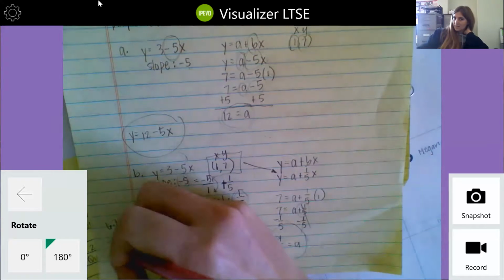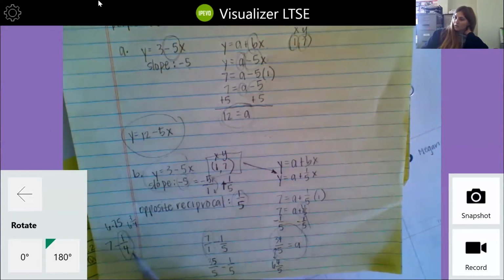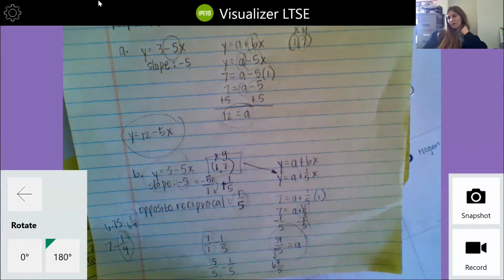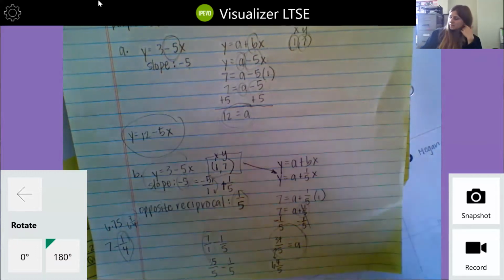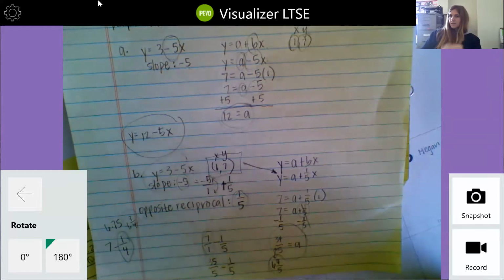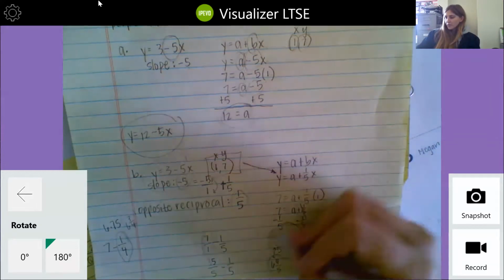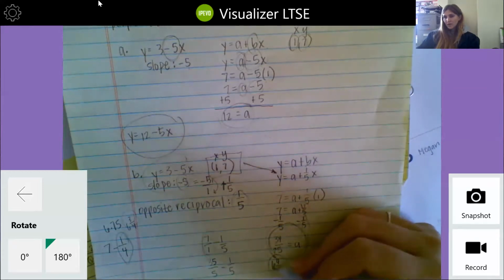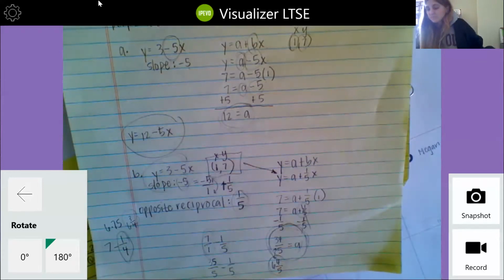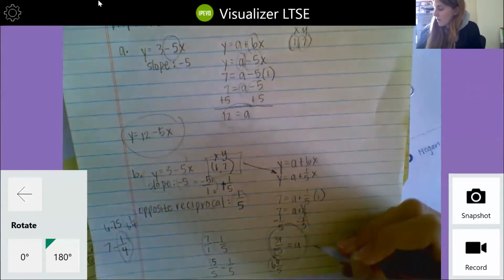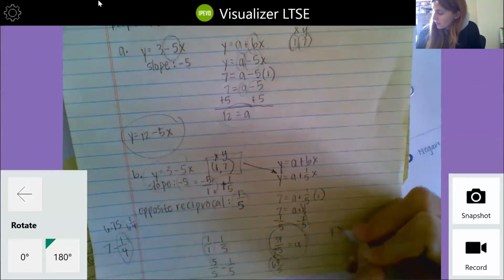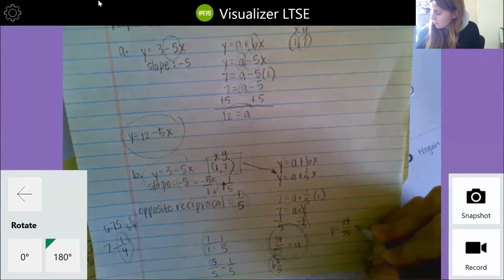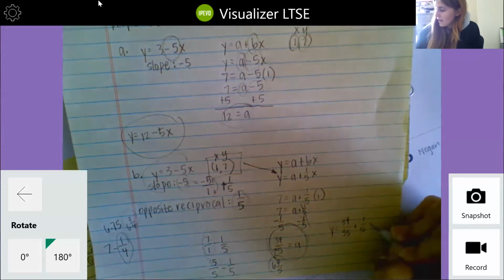So if I had 7 and I took away 1/4, you'd be left with 6 3/4. Same thing over here. It's 6 4/5. So my y-intercept here is 34 over 5, or 6 4/5. And so my answer will be y equals 34 over 5 plus 1 over 5x.